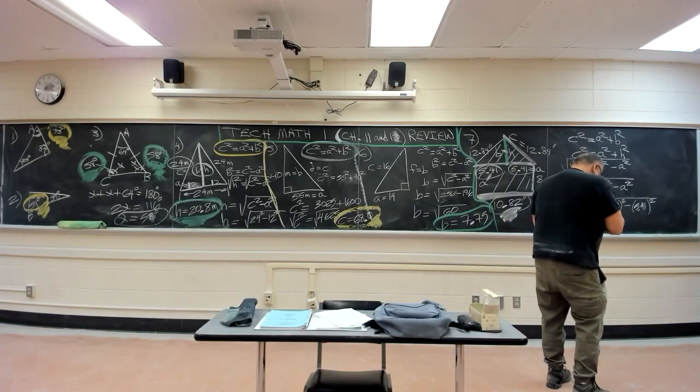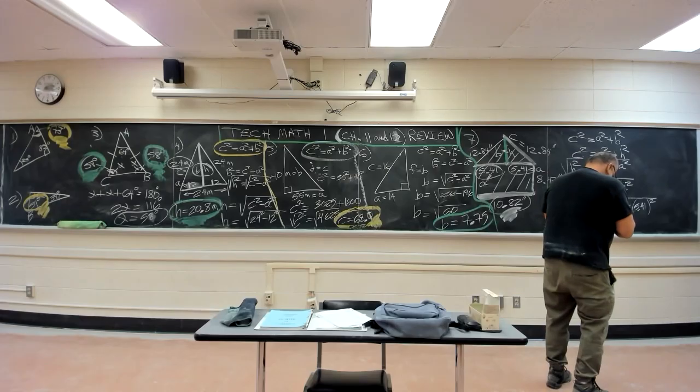Let me take 12.84 and square it. Let me subtract 5.41 squared.